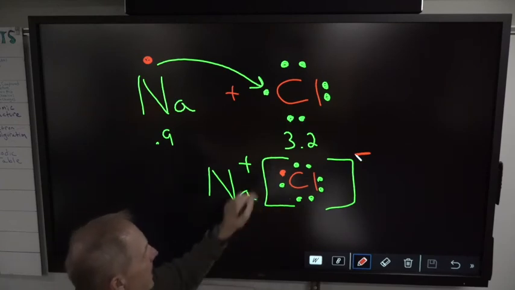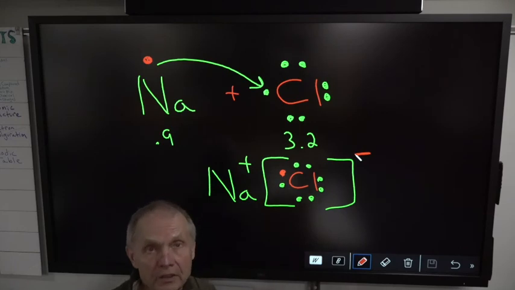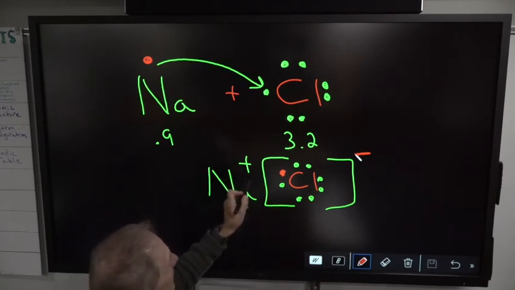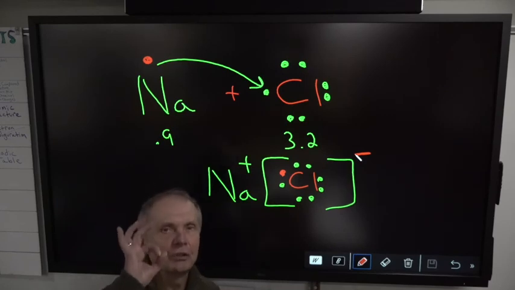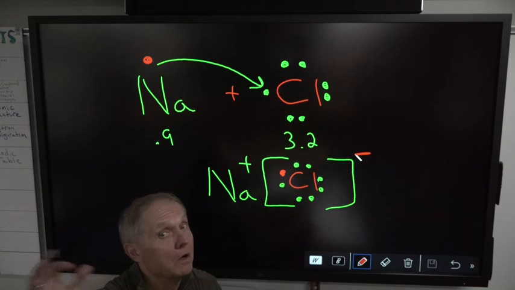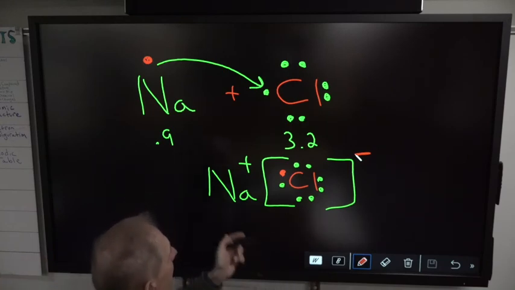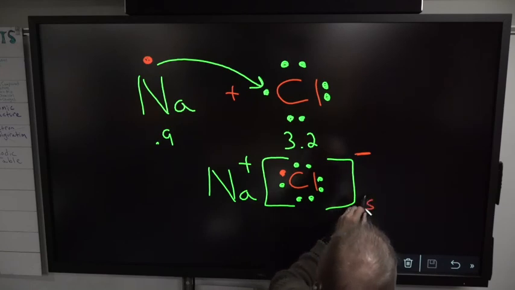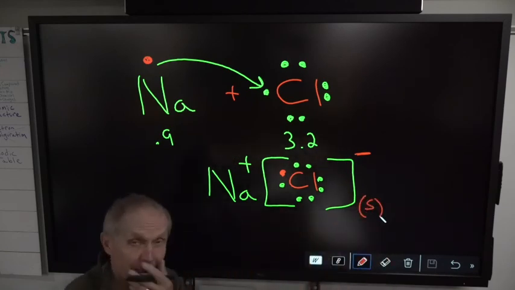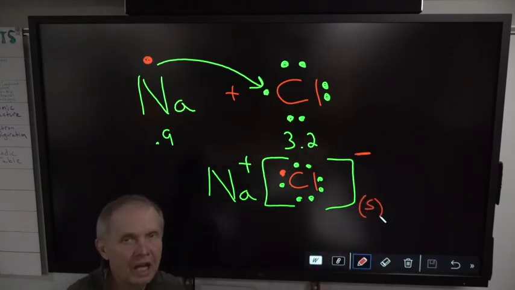Now, don't forget the brackets suggest total transfer. And the +1 and the -1, the charges or the oxidation states, have to equal 0. If they don't equal 0, it doesn't work. So this would be Na plus, Cl minus, solid.